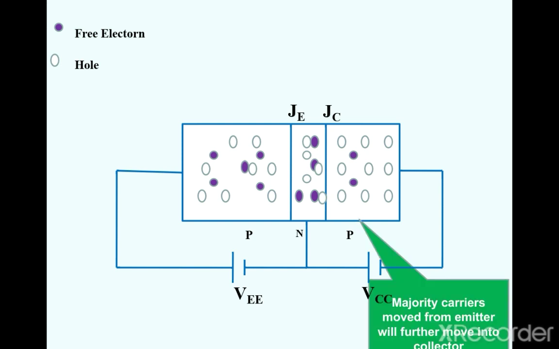Majority carriers moved from the emitter will further move into the collector. Some of the majority carriers move to the base side and become minority, and some more majority carriers from the emitter move towards the collector side like this.